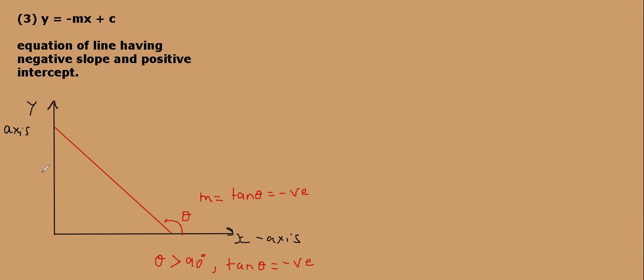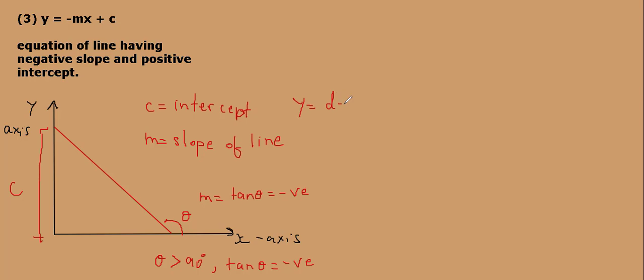It is an obtuse angle, and this part from here to here is actually C. So C is a positive intercept here. C is the intercept. M you already know is the slope. M is the slope of the line.